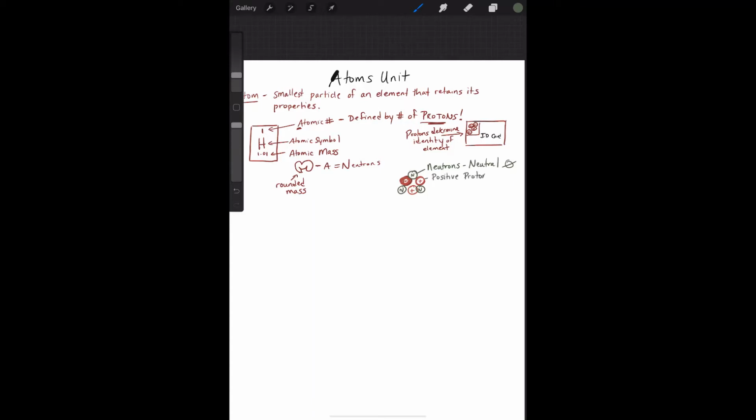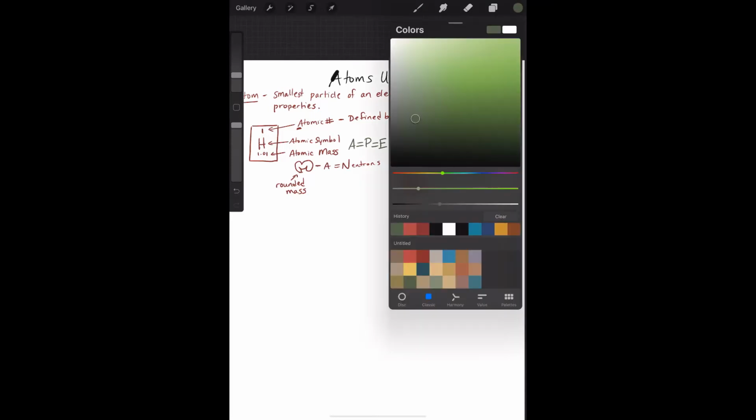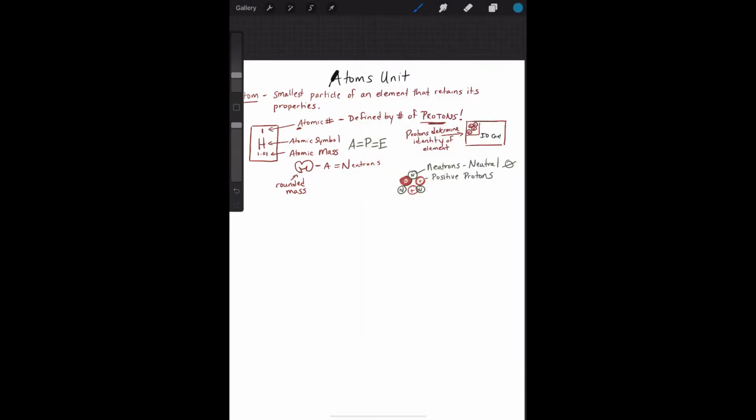So remember, for APE MAN, we have atomic number equals protons equals electrons. The electrons are moving around in the orbitals. Electrons are negative, and they're in orbitals.